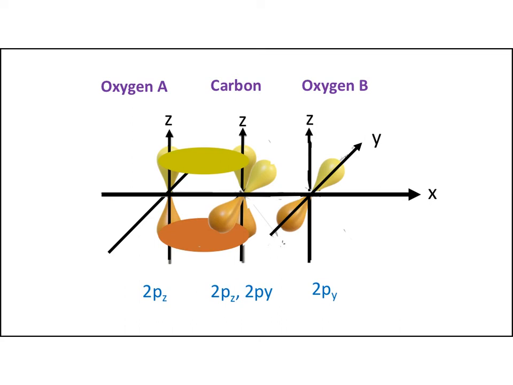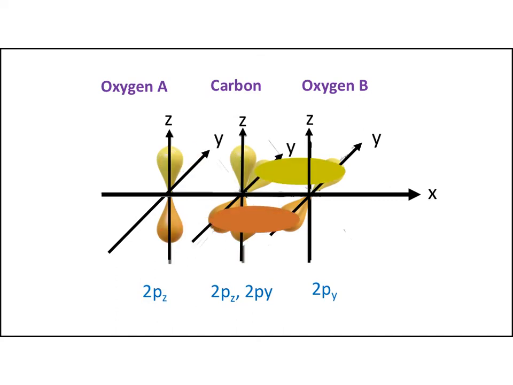Here I've shown the overlap between oxygen A and carbon using the 2pz orbital. And this slide shows the overlap between the 2py orbitals and the pi bonding between carbon and oxygen B.